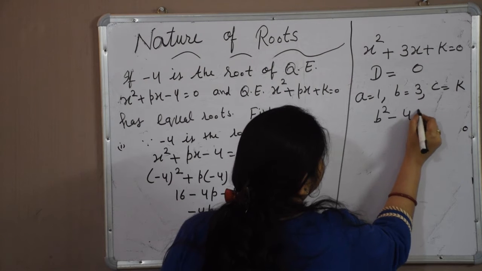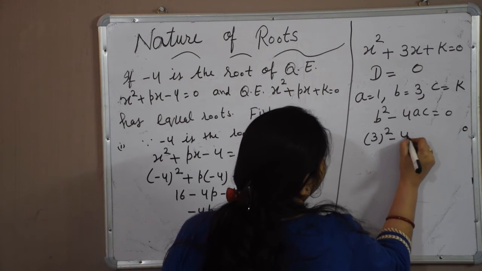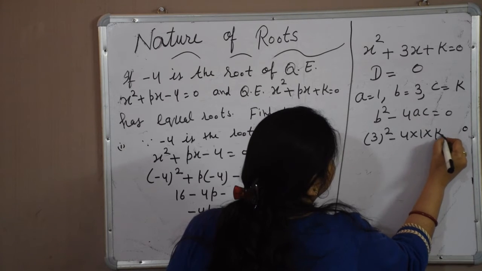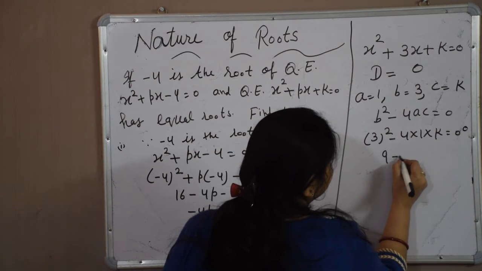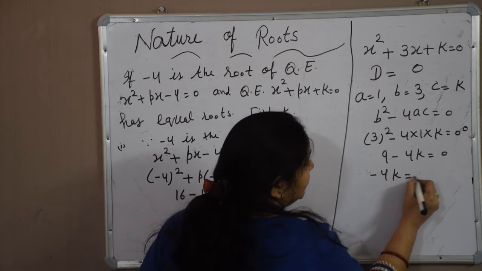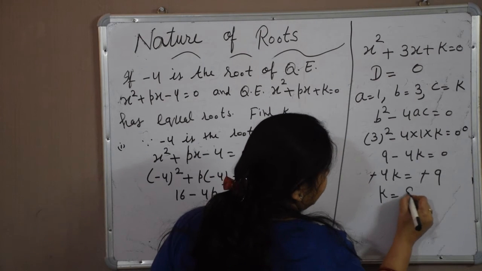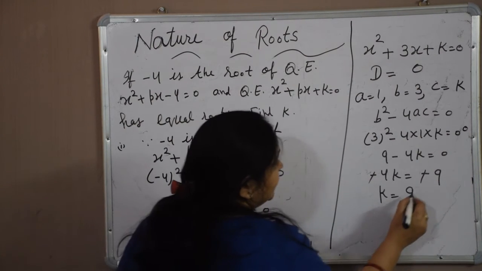So b square minus 4ac should be equal to 0, that is 3 square minus 4 into 1 into k equal to 0, that is 9 minus 4k equal to 0, minus 4k equals minus 9, this minus minus gets cancelled, so k is equal to 9 by 4.